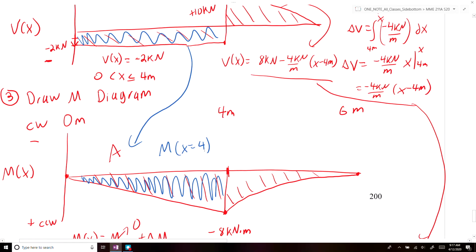So we had minus 2 kilonewtons times 4 meters, which is minus 8 kilonewton meters, which we have here.